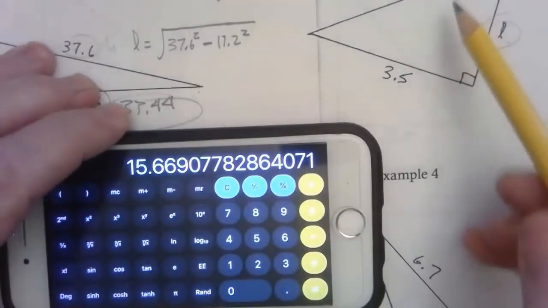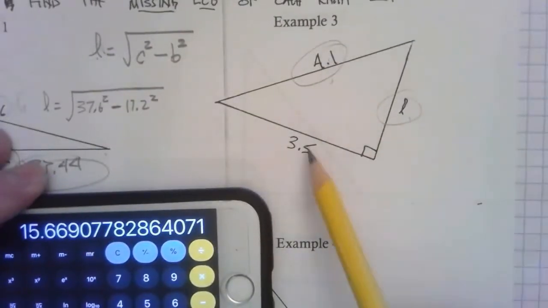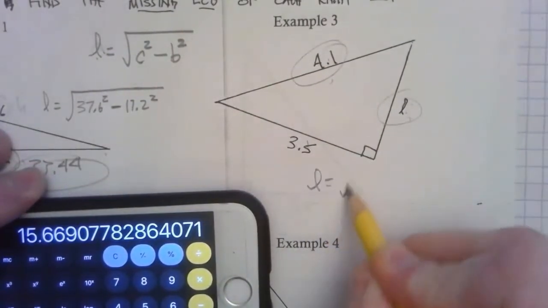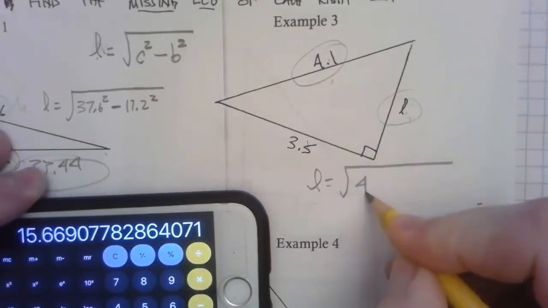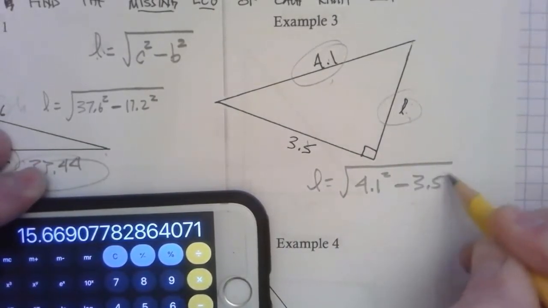All right, so let's try this one. Hypotenuse is here. This is the leg. This is the one we're missing. So the one we're missing is equal to the square root of 4.1 squared minus 3.5 squared.